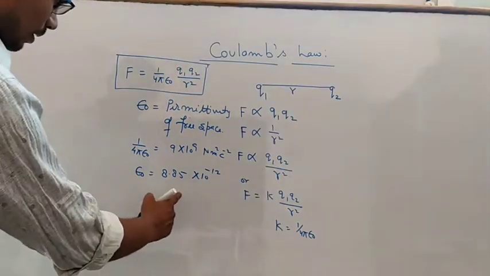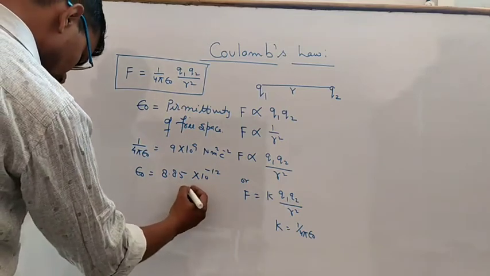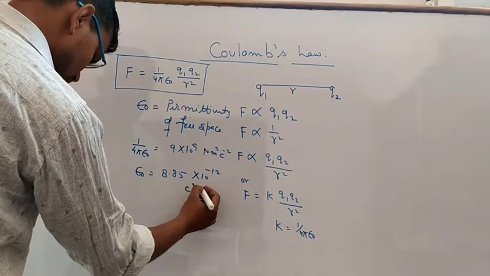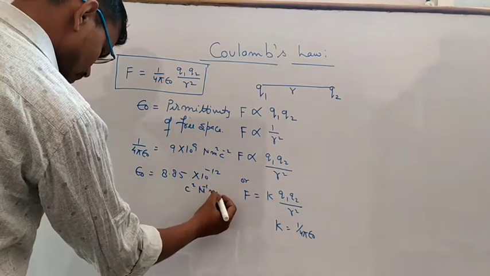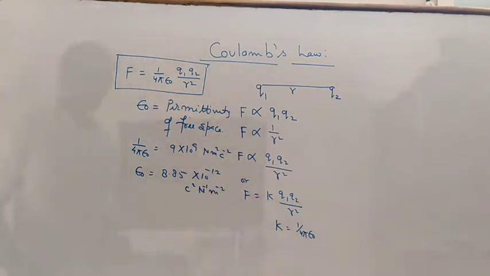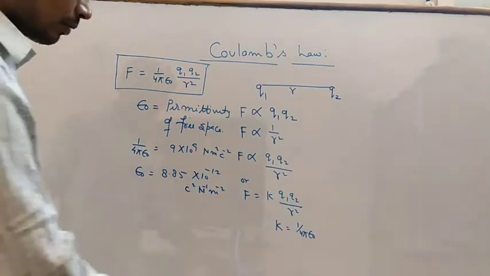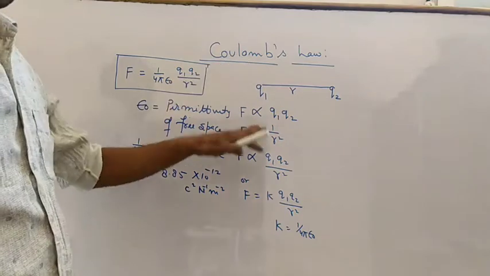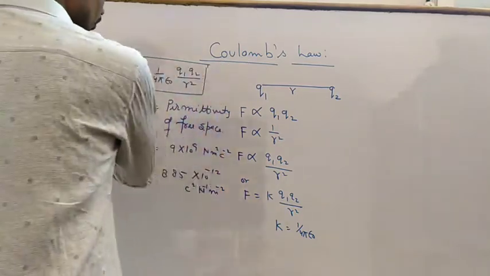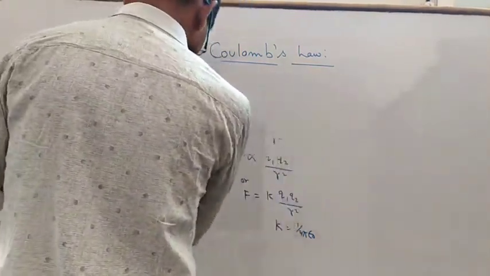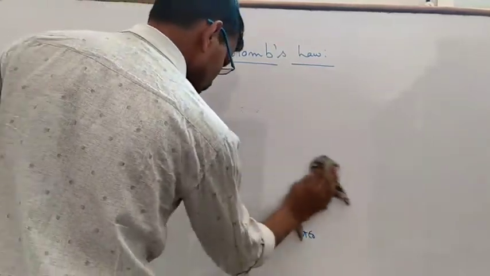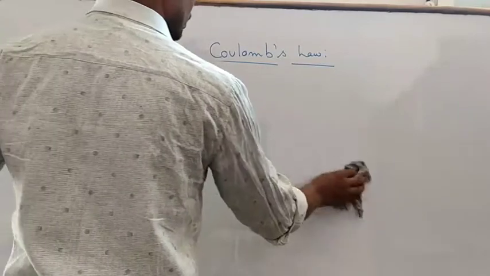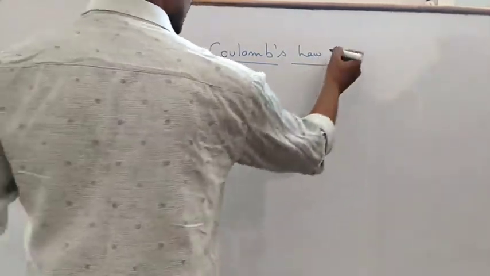The unit of this is Coulomb square Newton power minus 1 meter power minus 2. After this, we are going to discuss Coulomb's law in vector form.